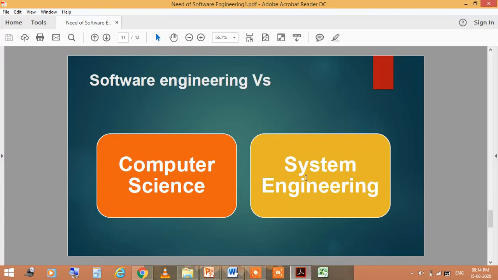So this is basically system engineering. Okay, so how to engineer, how to use those tools in an efficient manner, this is what system engineering does. This is the basic difference between them.